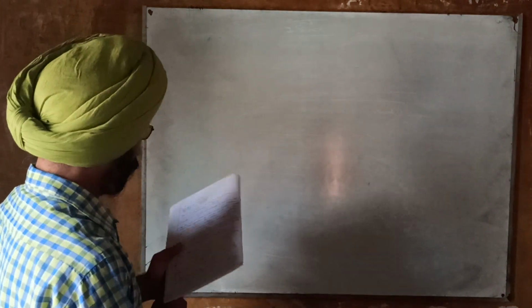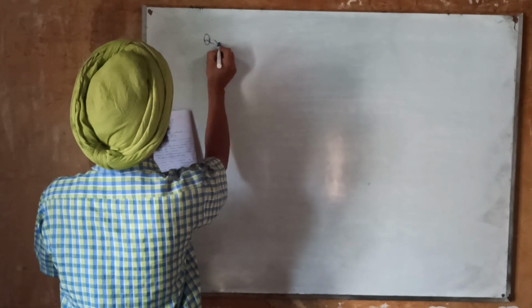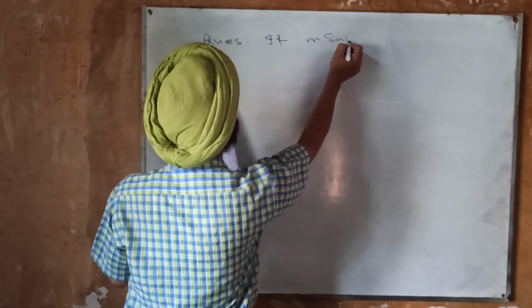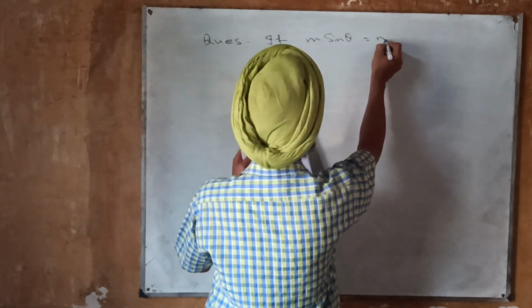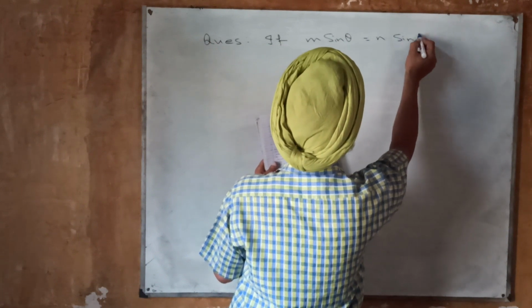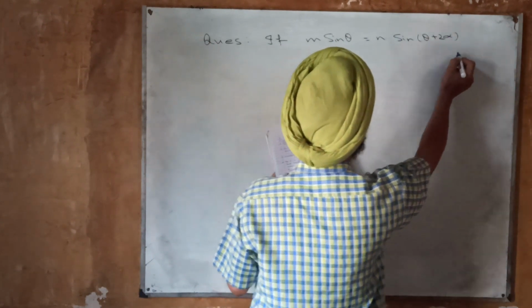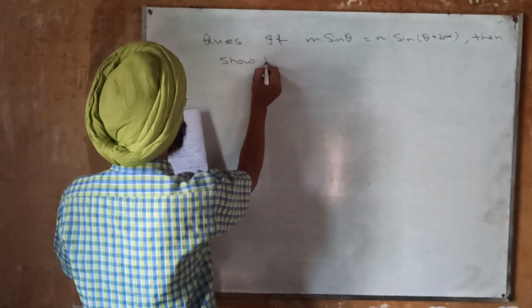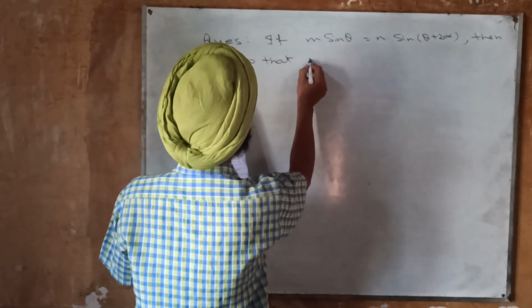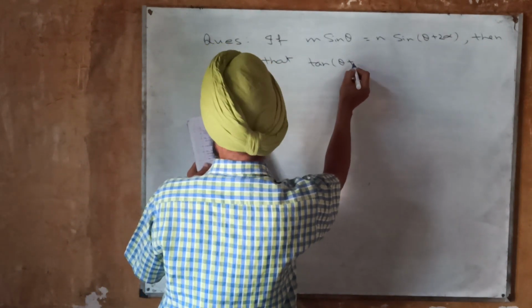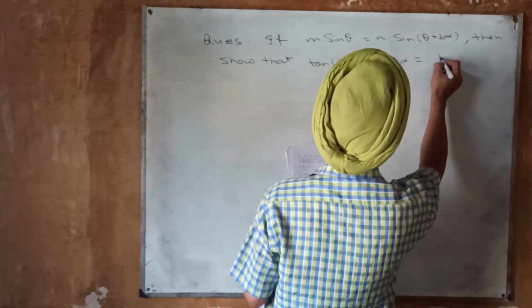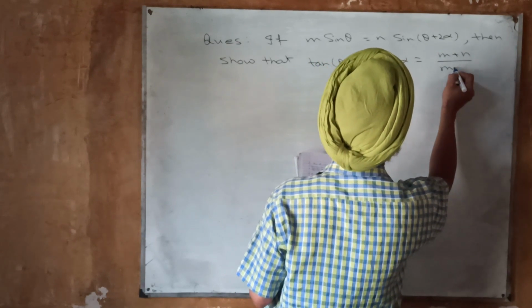The statement of the question is, if m sin theta is equal to n sin theta plus 2 alpha, then show that tan theta plus alpha into cot alpha is equal to m plus n upon m minus n.